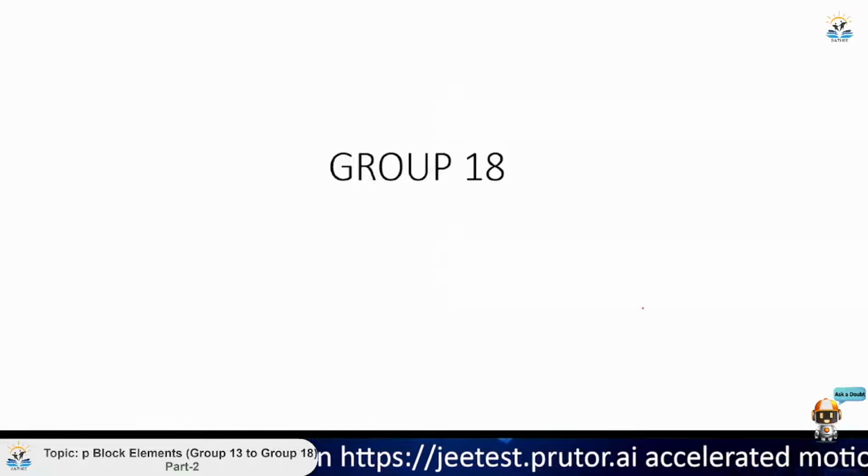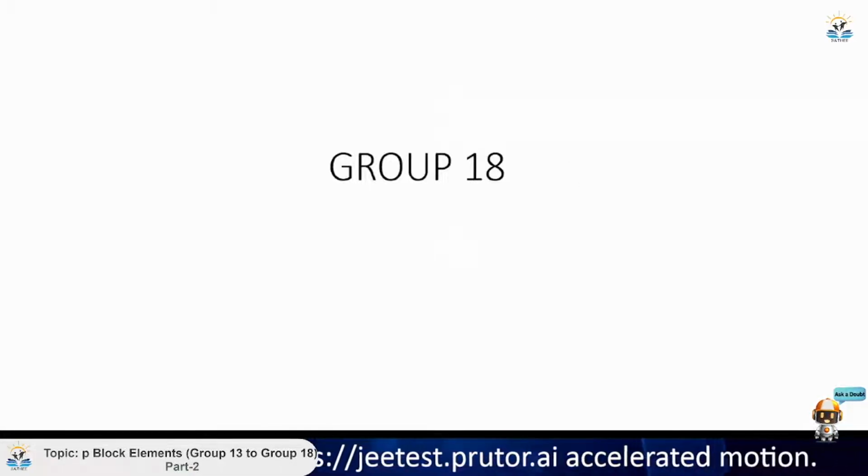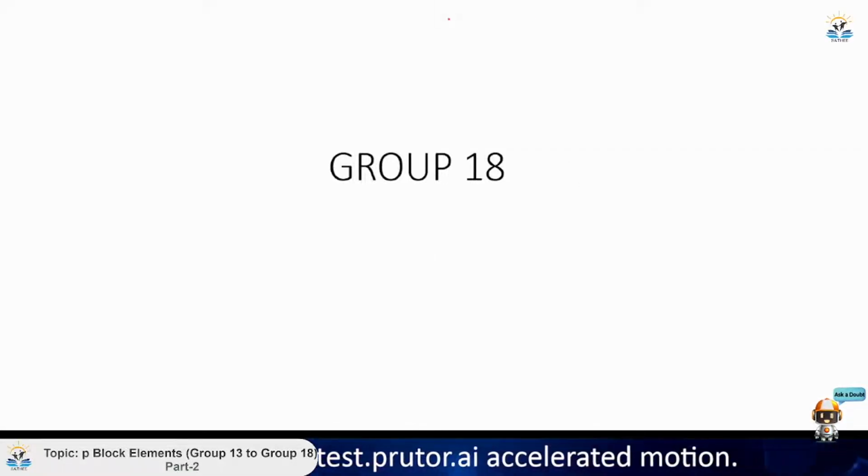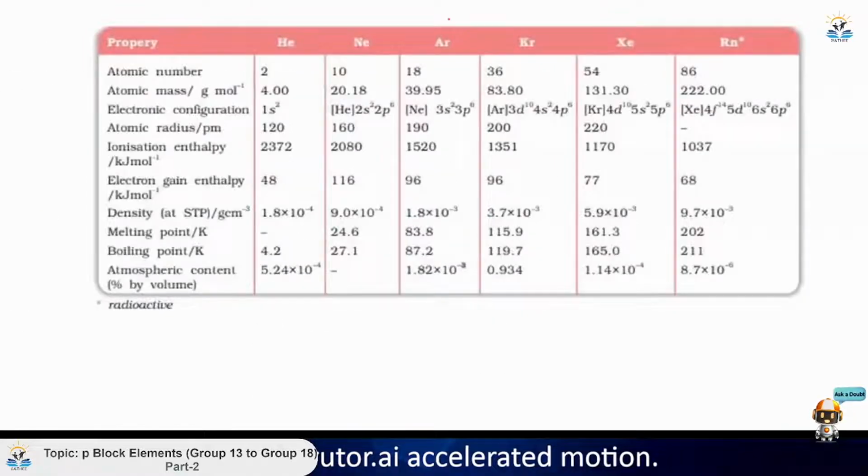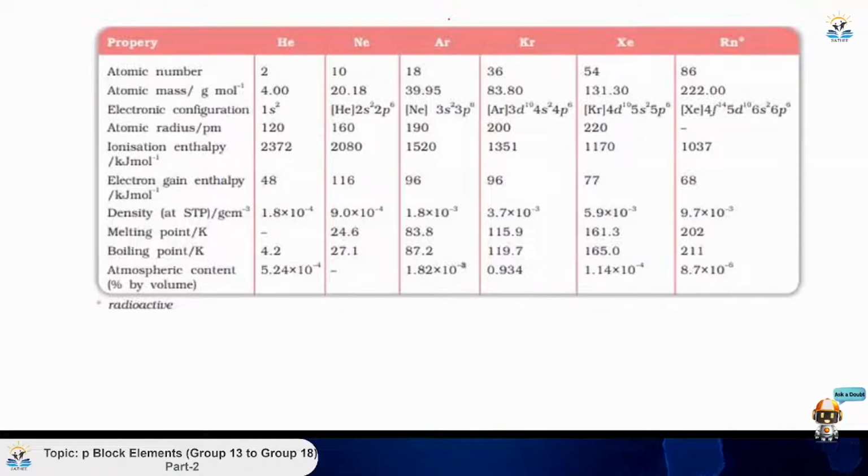Okay. Now let's talk about group 18 for once. So group 18 is actually very small. You have only two topics to discuss over here. One is this table, which tells, from helium to neon to argon to krypton to xenon, how all our properties change. Like going down, the mass increases, the ionization enthalpy decreases.